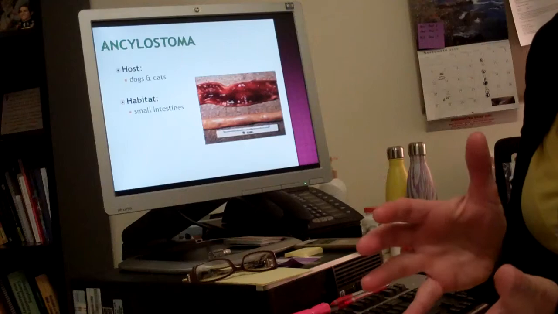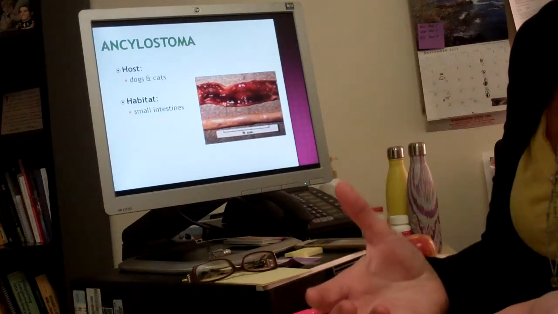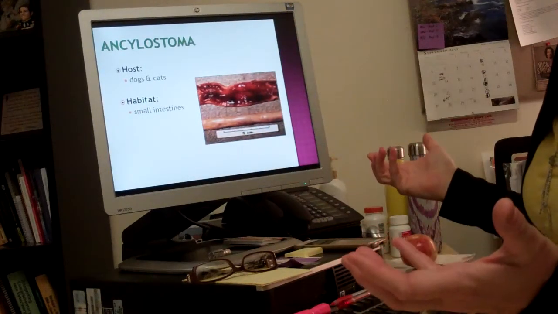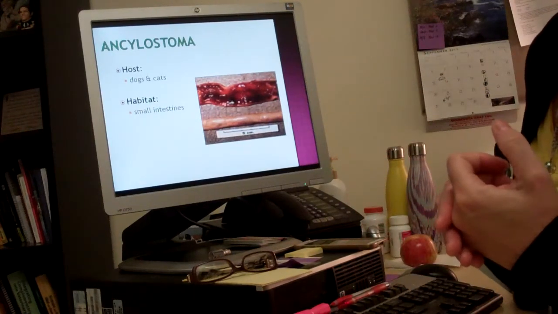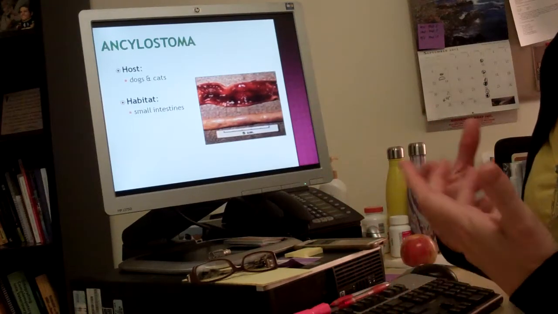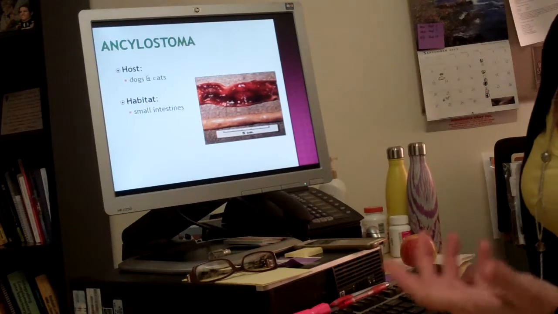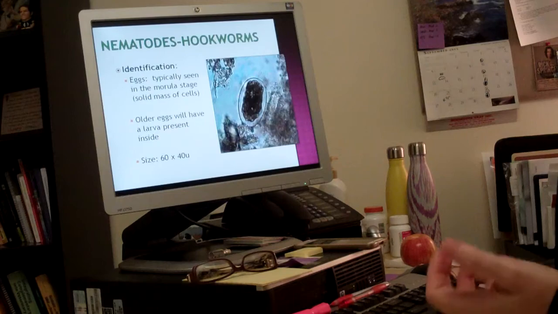Versus old blood: if there was bleeding up in the small intestines, by the time that blood got to the outside, it would be older, darker, dark burgundy, possibly even black. So again, that can be very informative if you do see blood on the gross examination of your feces.